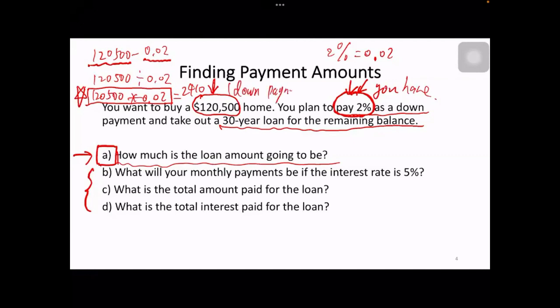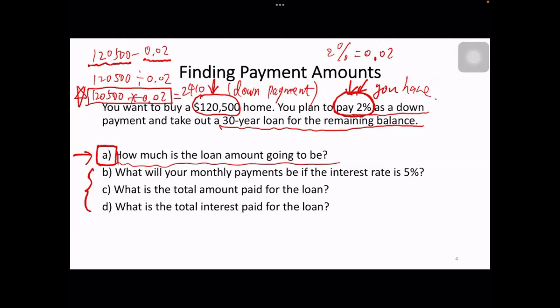Can everybody understand that? That's a percent type of problem. 2% of the house value is $2,410. That is the money you already have, and you would like to pay that as the down payment.